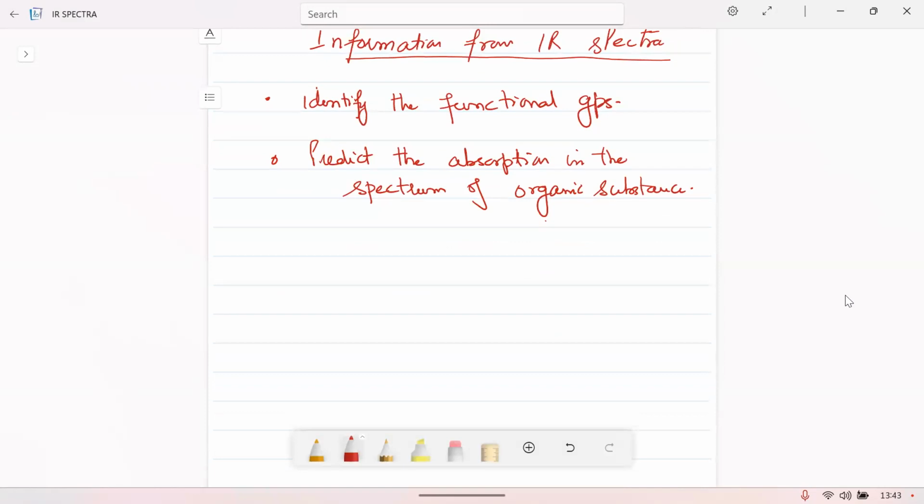And the third thing is we can also deduce the structure of your organic substance.